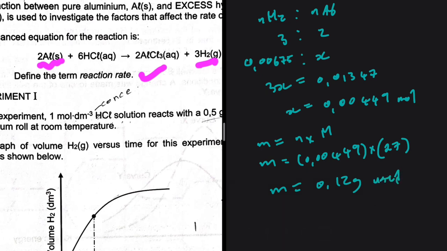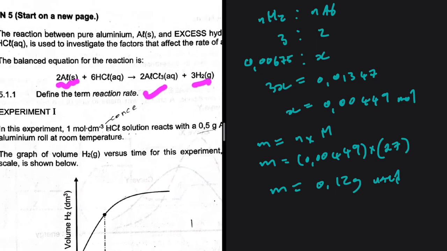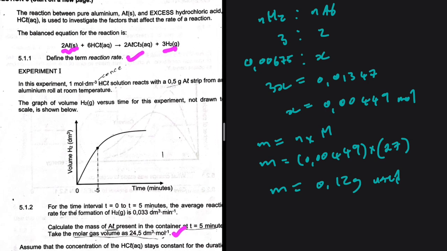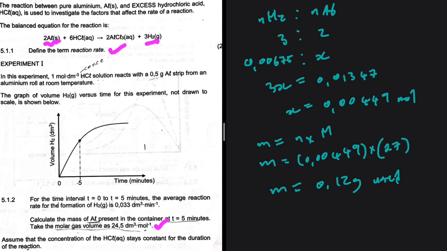Okay, how do we know that that is the mass of aluminium that is used? Because it's the mass we get from the number of moles of H2 that are produced, that are formed. So that is the mass used. So what is the equation saying?